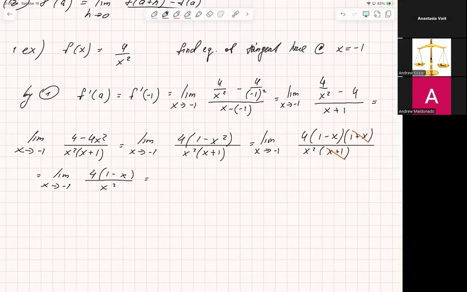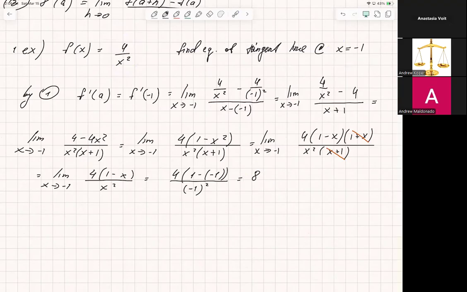And then now just plug in the -1. We have 4 times 1 minus -1 divided by -1 squared, which gives us 4 times 2, that's 8. Okay, so the derivative of 4 over x squared at x equals -1 is 8.